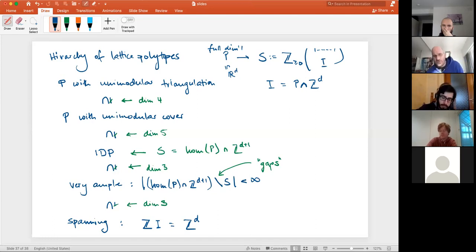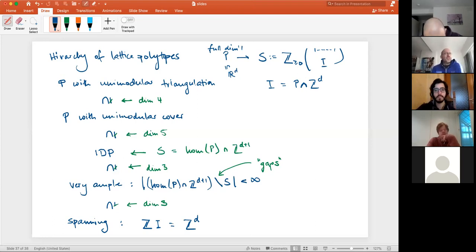If your polytope is not full dimensional, then you would replace this with the affine span of P intersected with the lattice. And you can convince yourself that a very ample polytope is spanning.